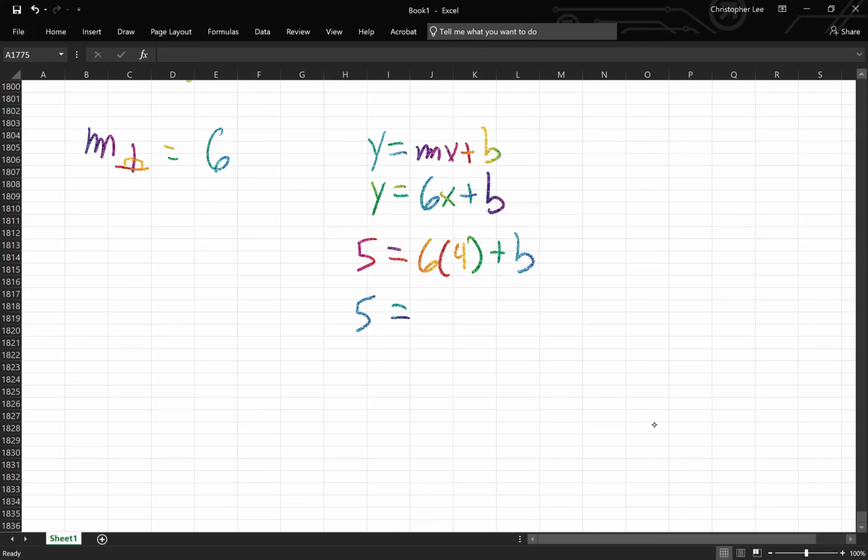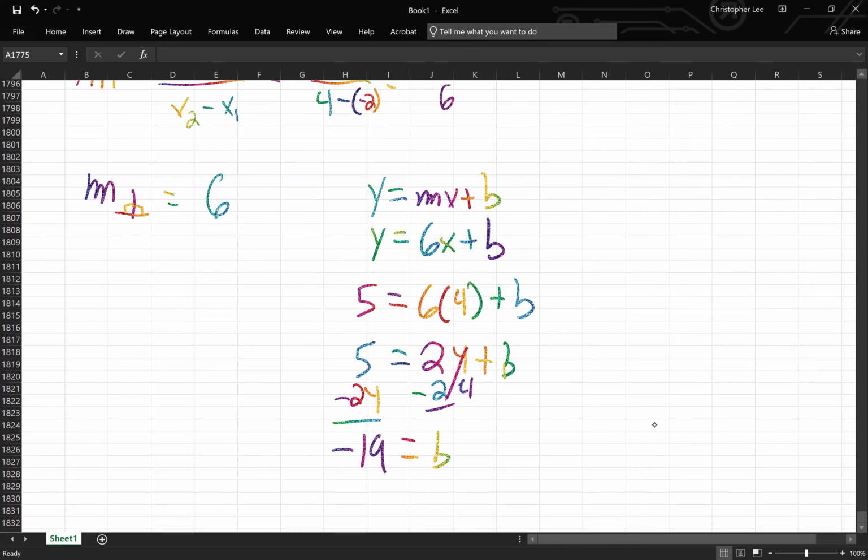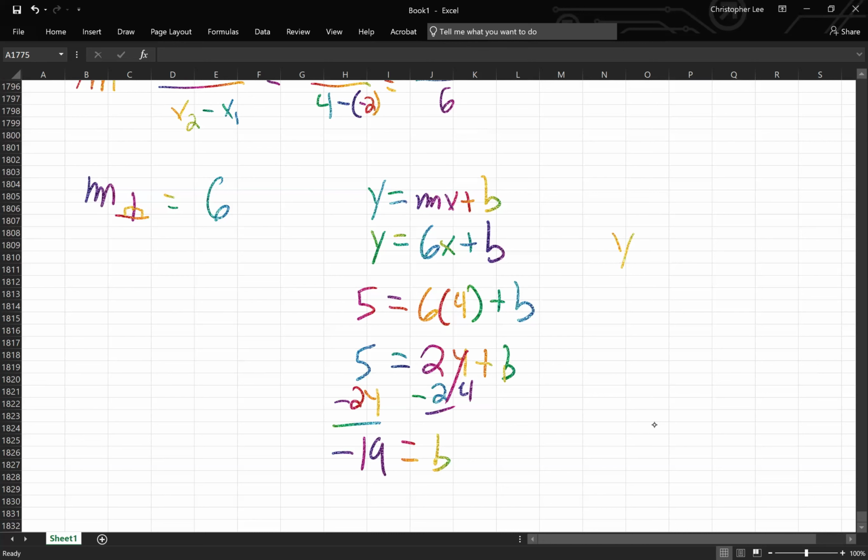So this becomes 5 is equal to 24 plus b. You're going to subtract the 24, which you do to one side, you do to the other. And we have negative 19 is equal to b, right? Now let's rewrite what we have. We're going to have y is equal to 6x minus 19. This is my formula. Questions on it?